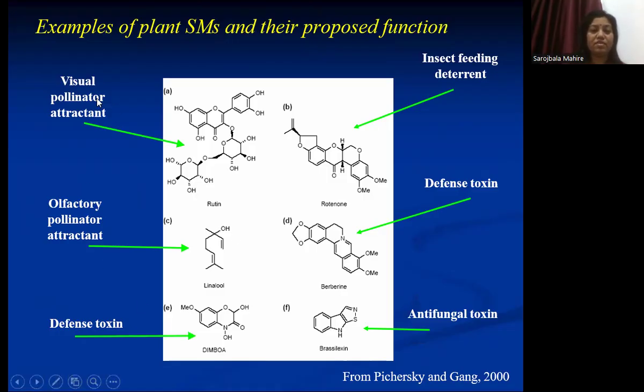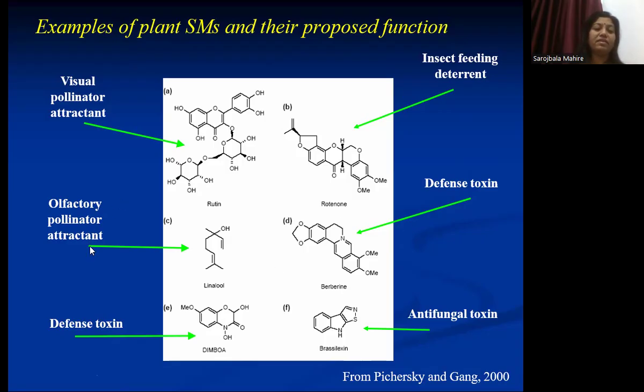Examples of plant secondary metabolites and their proposed function. This is one visual pollinator attractant, this is rotenone. This is an insect feeding deterrent. This is berberine, one of the defense toxins.